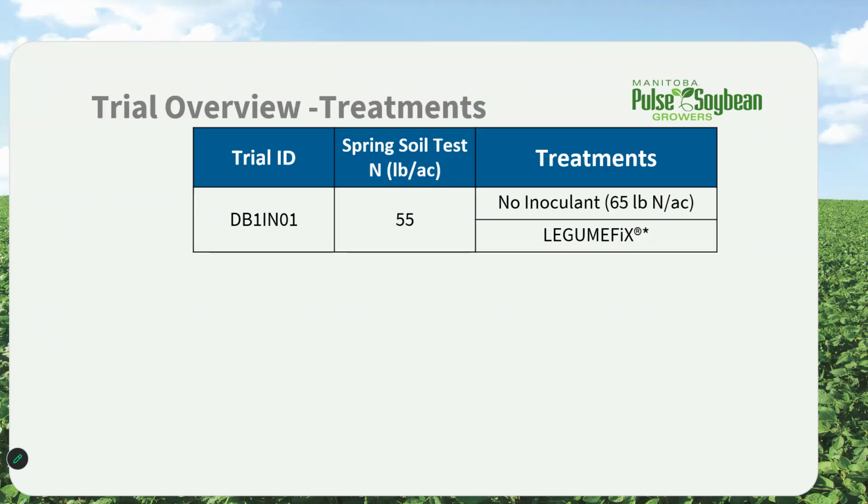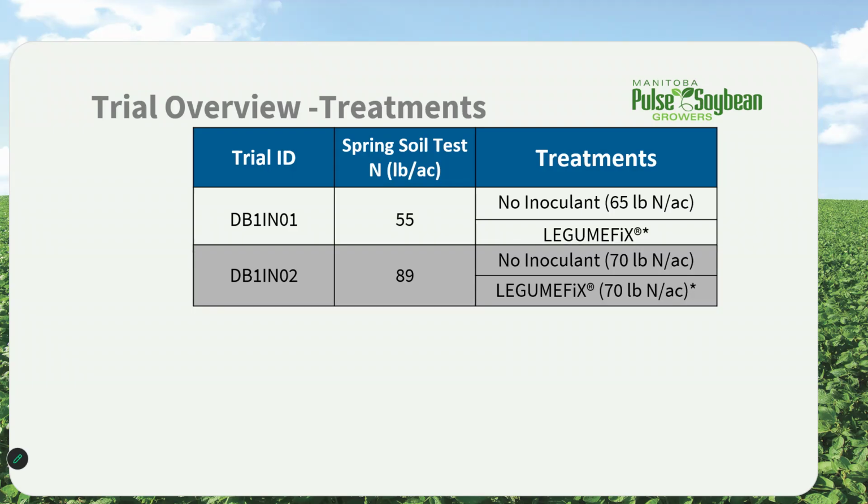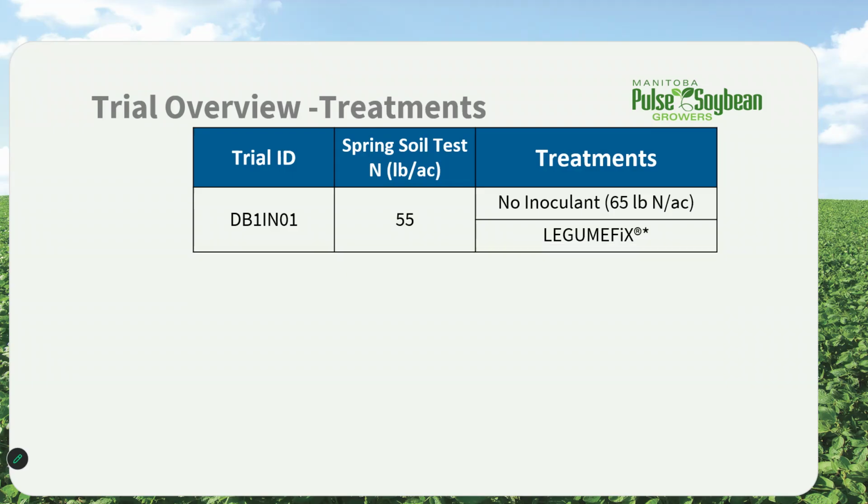So we must take this into account when we analyze the results. At 3 of these trials, we aim to test the farm's normal practice of dry bean production with additional nitrogen and no inoculant compared to no nitrogen but with inoculant.